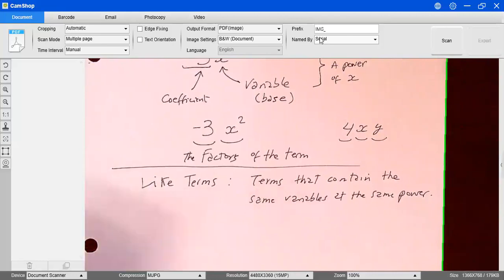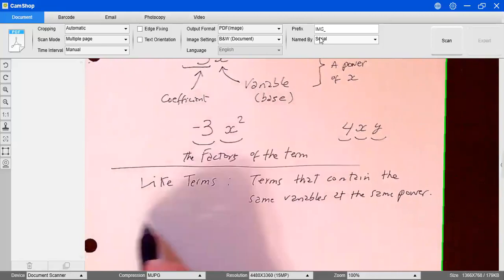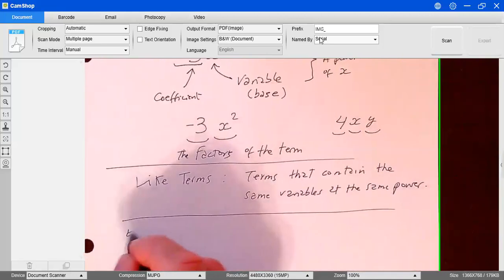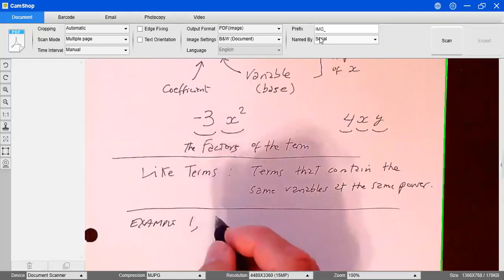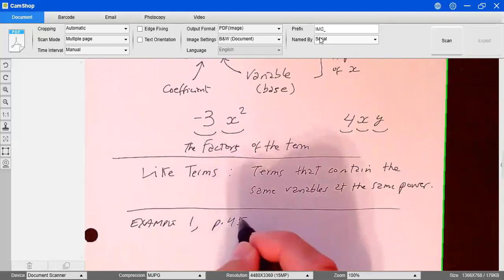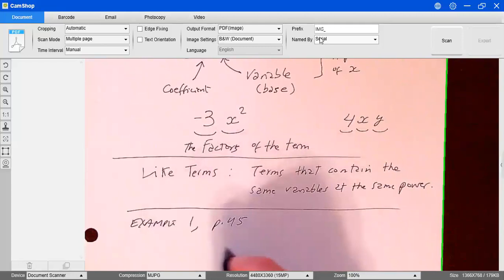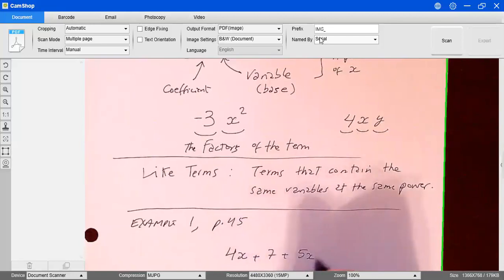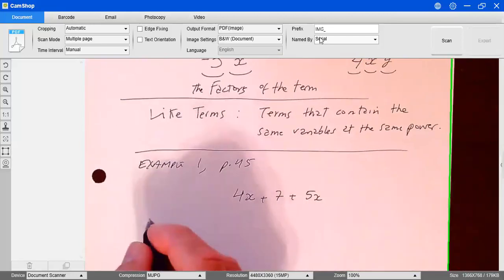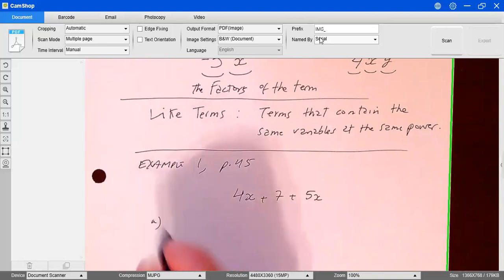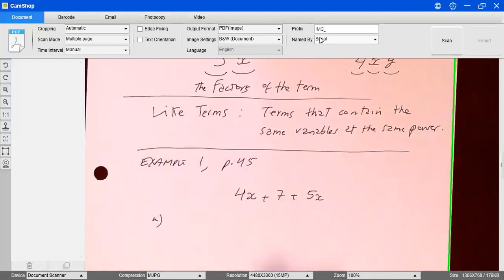So we're gonna solve example number 1. Example number 1 is on page 45, and it says use the algebraic expression 4x plus 7 plus 5x to answer the following questions. So let's write the questions. The first one is, how many terms are there in the algebraic expression?